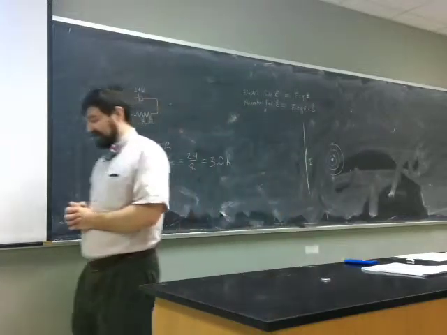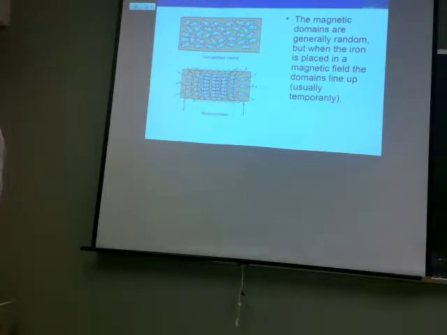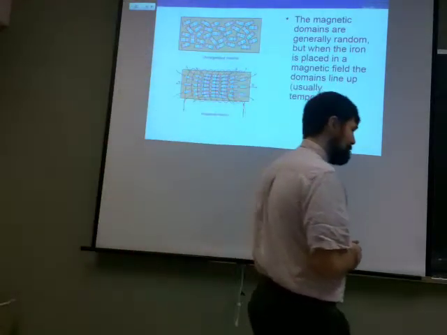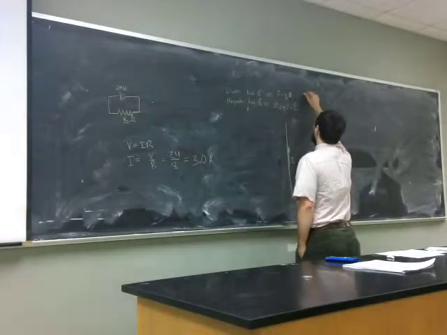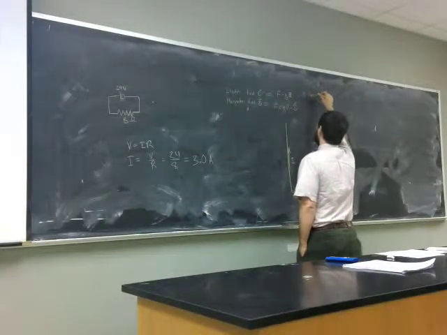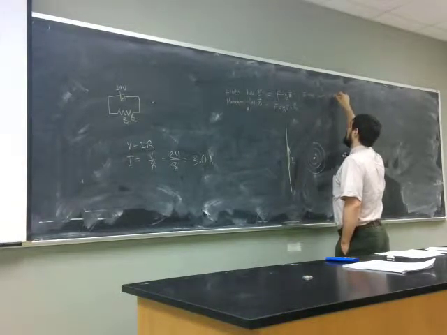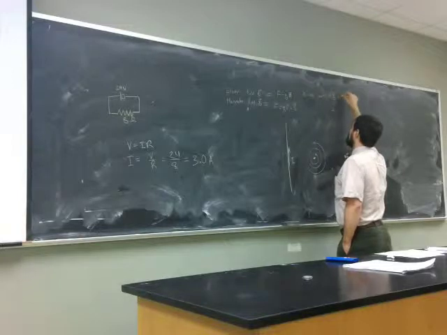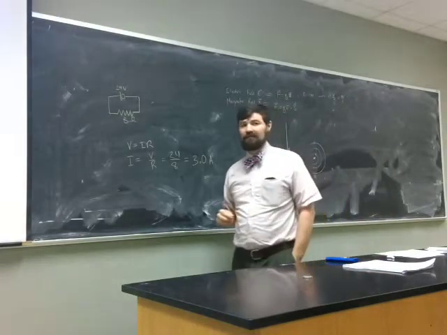So what's the unit for a magnetic field? Does anybody know offhand what the unit is? In the case of electric field, the electric field has units of volts per meter or newtons per coulomb. Those are equivalent units.